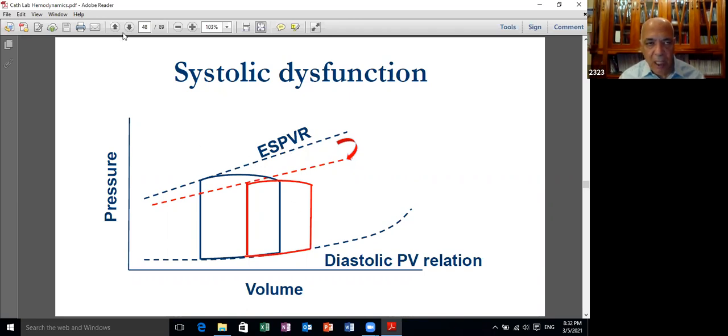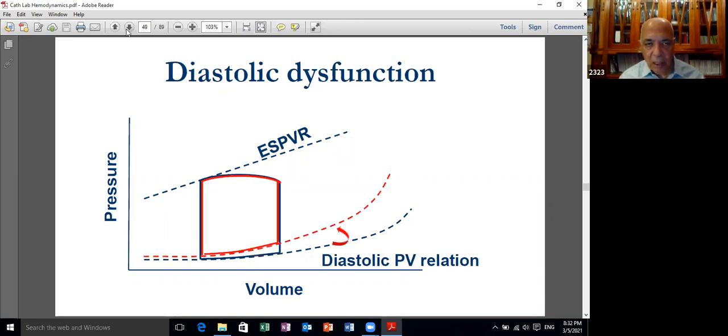What diastolic dysfunction creates is that the relation between the volume and the pressure, which is a curvilinear relationship, moves up and to the left. So systolic dysfunction moves the ESPVR down and to the right, and diastolic dysfunction moves it up and to the left. As a result, the cardiac work decreases, although the stroke volume might not be affected tremendously.